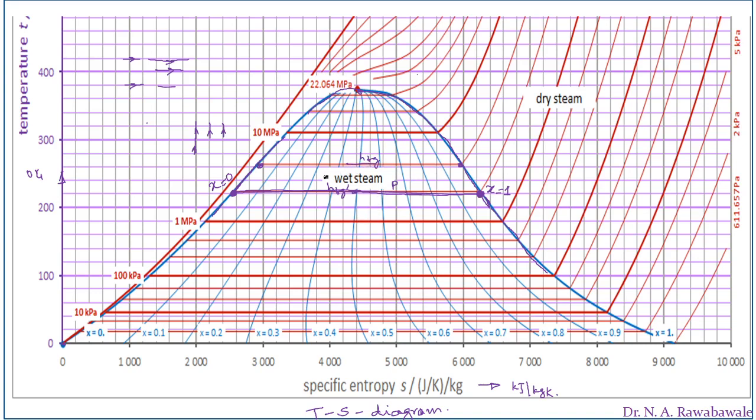So what we studied is, first the horizontal line, second the vertical line, third the saturated liquid curve, and fourth the dry saturated steam curve. The distance between the saturated liquid and the dry saturated steam curve is known as the latent heat of vaporization. In this region, the pressure remains constant along this line.